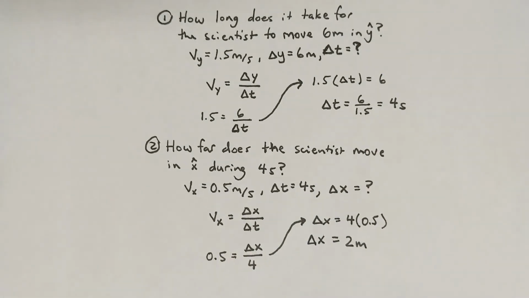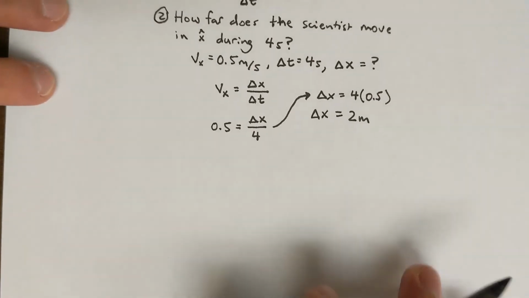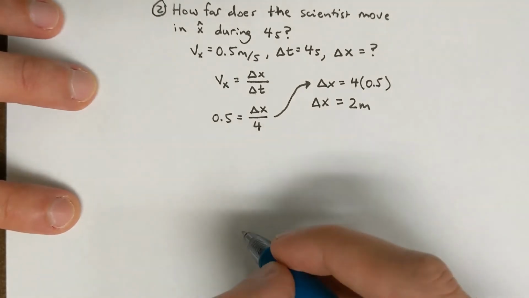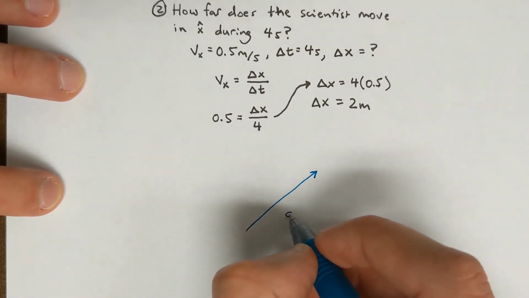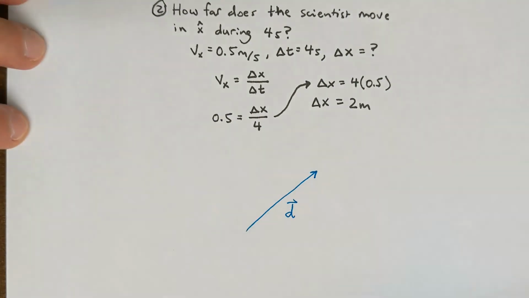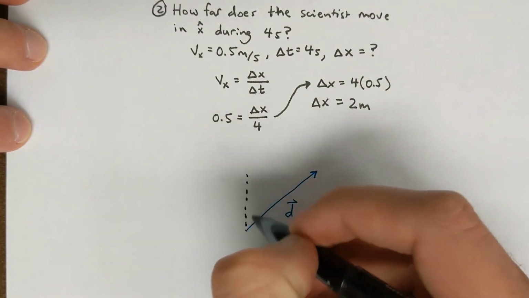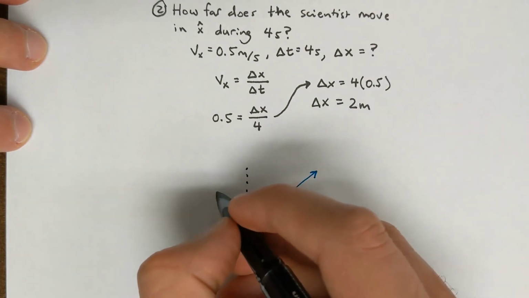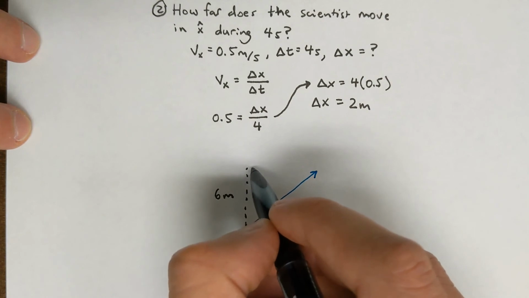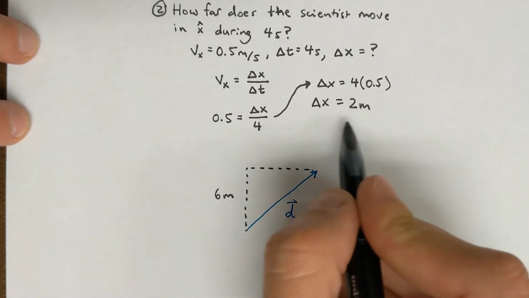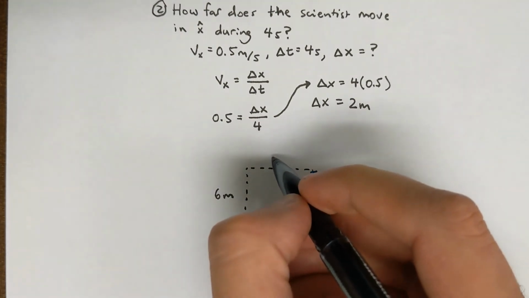Okay, so now I know that the displacement of the scientist looks something like this. Remember, we were asked at the beginning to find the displacement of the scientist, and we were given that the scientist moves 6 meters in the y direction, and we just found out that while she moves 6 meters in the y direction, she also moves 2 meters in the x direction.